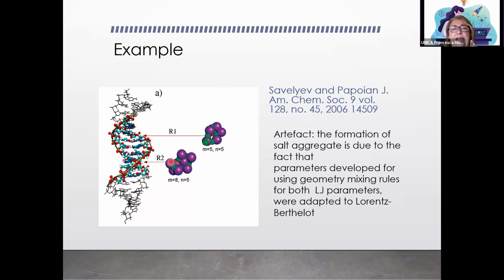And due to this fact, a new set of parameters for monatomic ions appeared in the following years, in 2008.